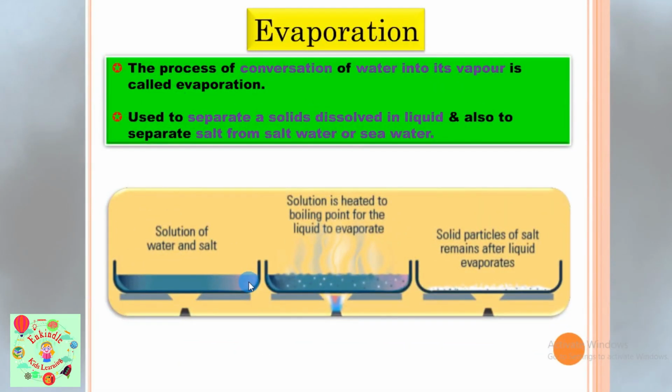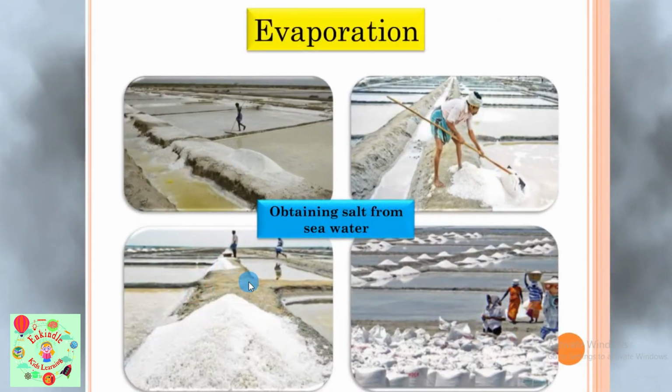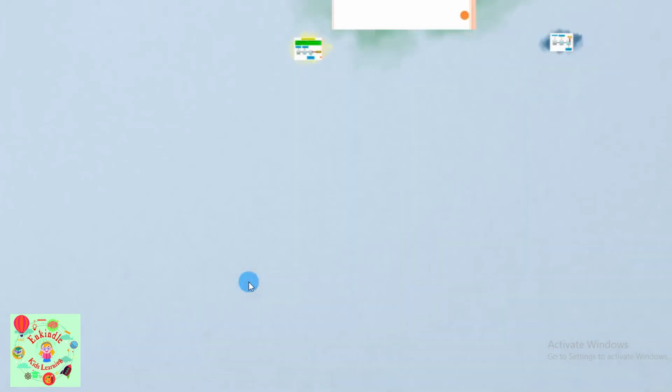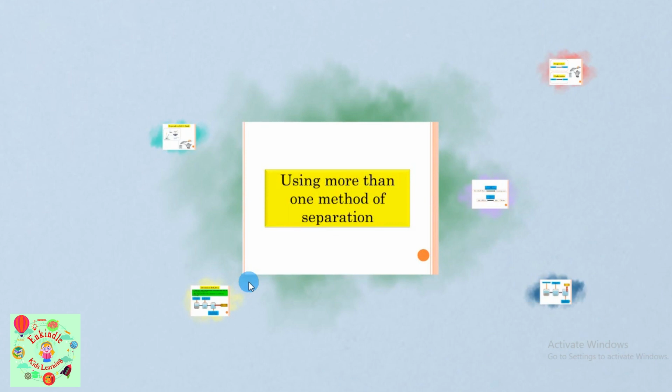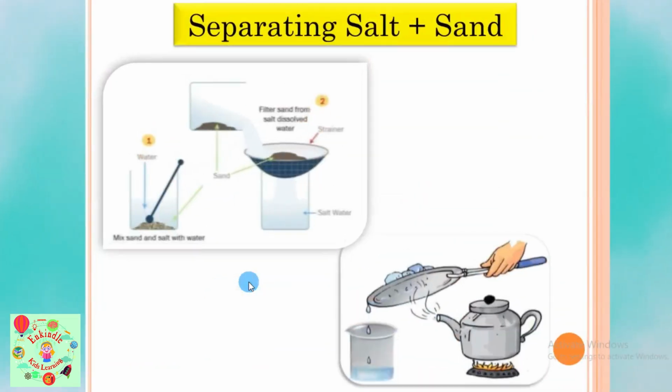And the last method of separation which we saw was evaporation. The process of conversion of water into its vapor is called evaporation. Under evaporation, we saw how salt is obtained from seawater. Later we saw how to separate a particular mixture using different methods of separation. We took an example of separating a salt and sand mixture.